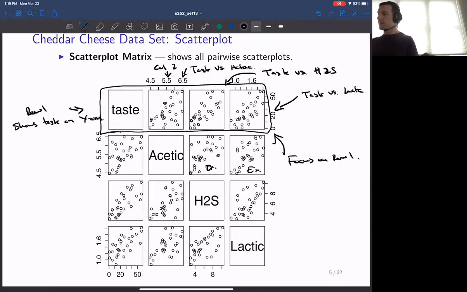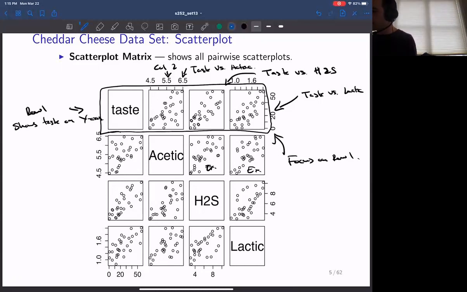In the first row, we have taste versus each of these variables. We want to use the scatter plots the same way that we did before, to determine if there's evidence of a linear relationship between the response variable and each explanatory variable.